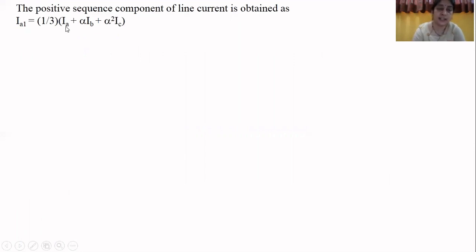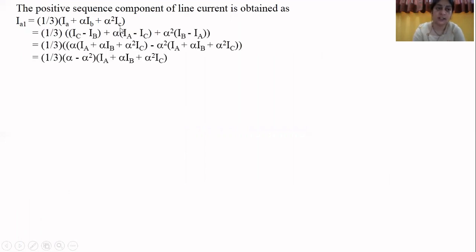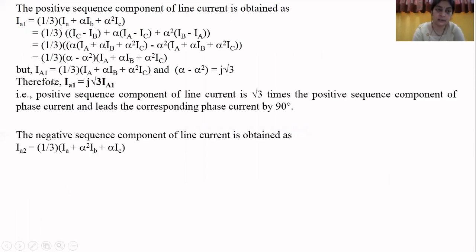Now let's represent this IA, IB, IC, the line currents in terms of the phase currents. And we get I small a1 to be equal to j root 3 times of I capital A1, which indicates that the positive sequence component of the line current is root 3 times the positive sequence component of the corresponding phase current, and will lead it by 90 degrees.